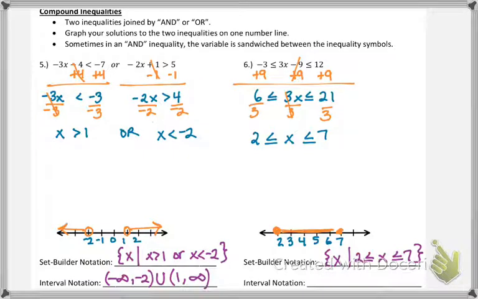And in interval notation, x could be anywhere between 2, including 2, and 7, including 7. So in interval notation, open parentheses means not including, and closed brackets means including.